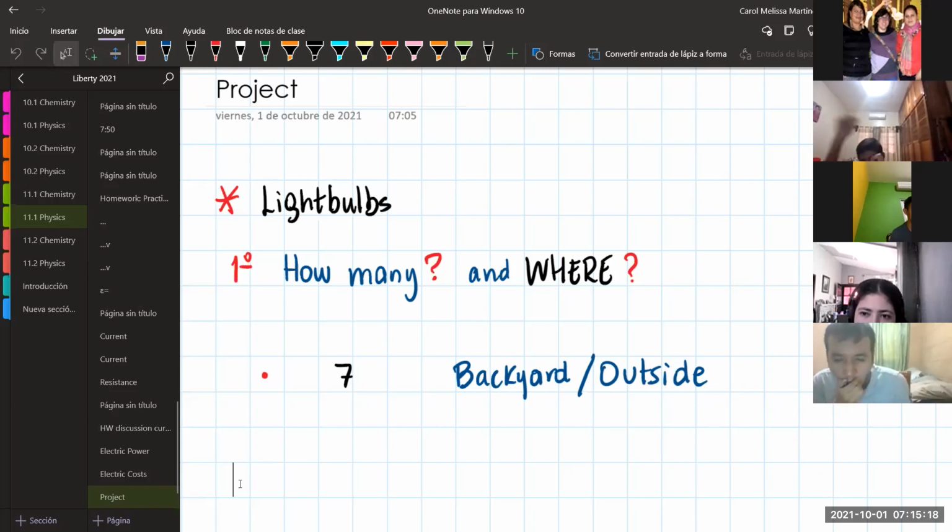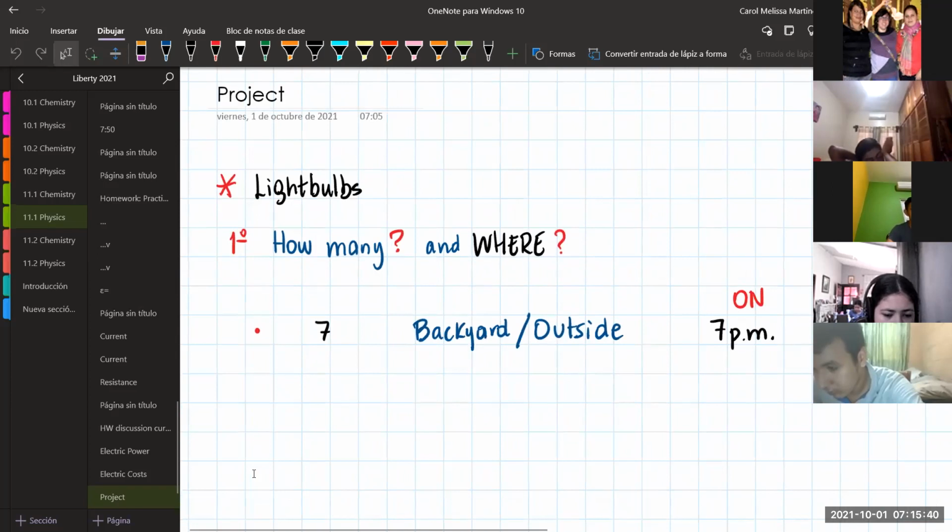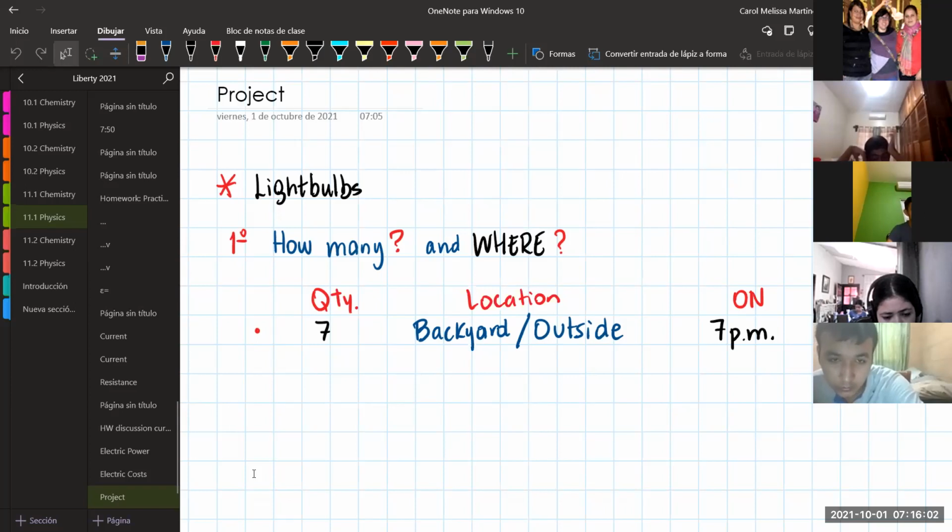The light bulbs, we turn them on at 7 p.m. and they are off by 11 p.m. So this is going to help me to see the quantity of each light bulb, the location, and when you turn it on and off is going to define the hours.